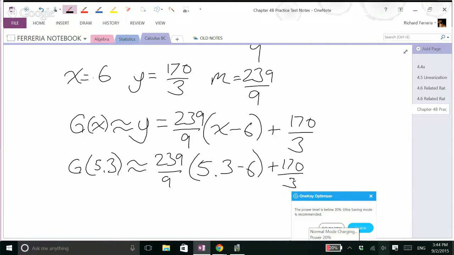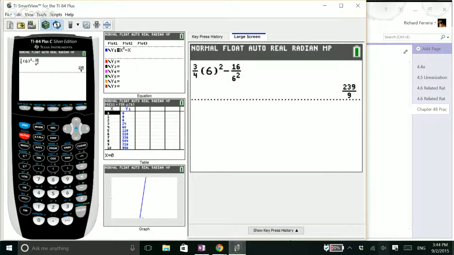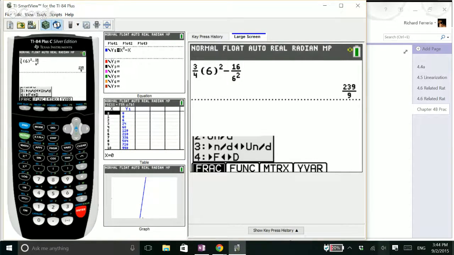Okay, go ahead and calculate that. I'm going to calculate it just to show you what I would do if I was to do this. I just put the whole thing in one line. I really recommend you do that.